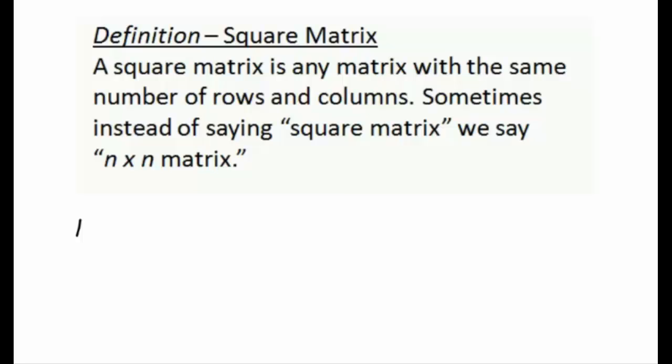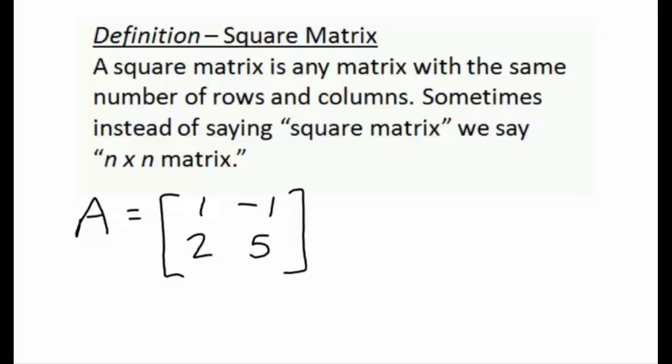So let's give a couple examples of square matrices. Here is matrix A. Let's make this a 2 by 2 matrix: 1, minus 1, 2, and 5. I'm just picking numbers here. All I have to do is ensure that we have the same number of rows as columns. So here we have 2 rows, 2 columns, so we have a square matrix of size 2 by 2.